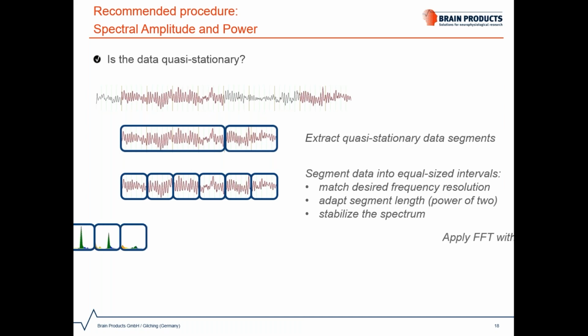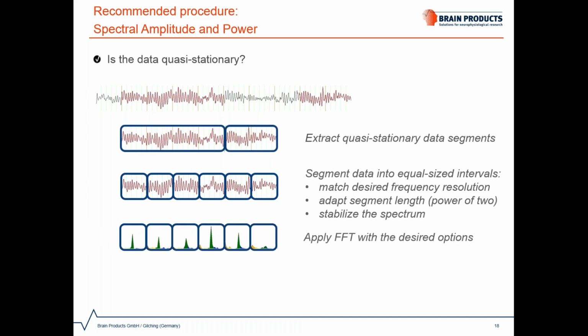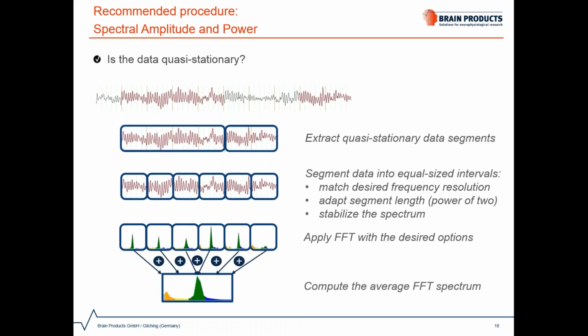So finally, we can apply FFT and obtain the spectral information for each segment separately. As you can see in this plot, you can already see the variability of the energy distribution across frequency bands from one segment to another segment. In order to obtain a more reliable pattern of the frequency content across all segments, we can compute the average of the FFT spectrum.